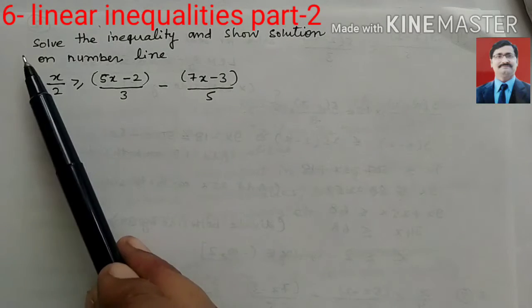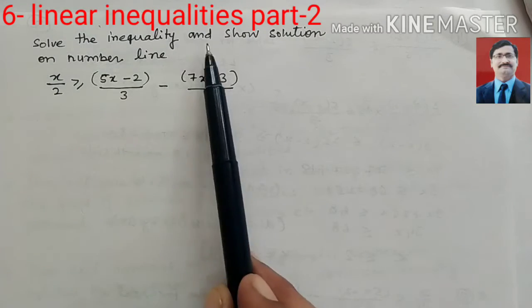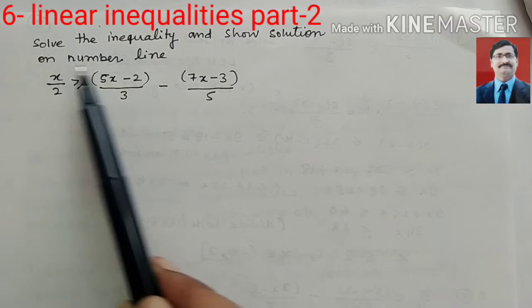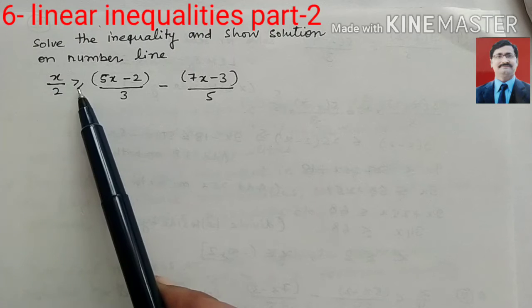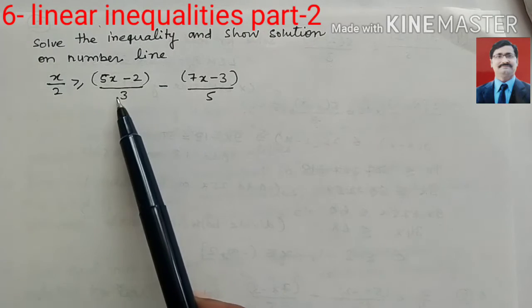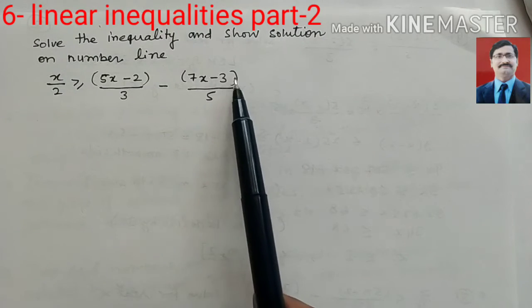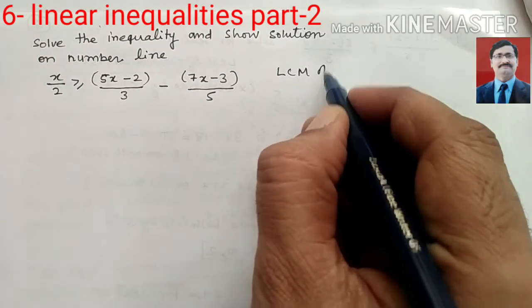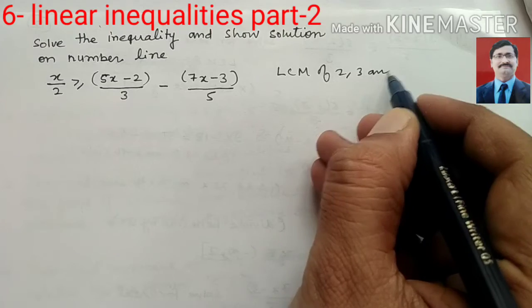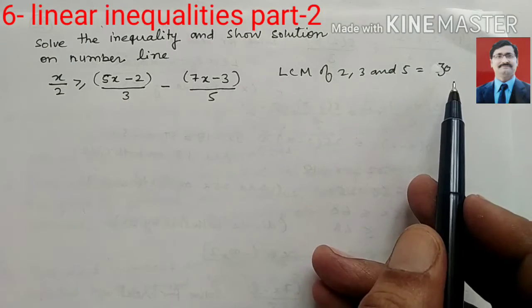Look here, we have to do this question: solve the inequality and show the solution on the number line. The question is the same as the previous one. x upon 2 is greater than or equal to (5x minus 2) upon 3 minus (7x minus 3) upon 5. Now we write the LCM of 2, 3 and 5, which is 30.